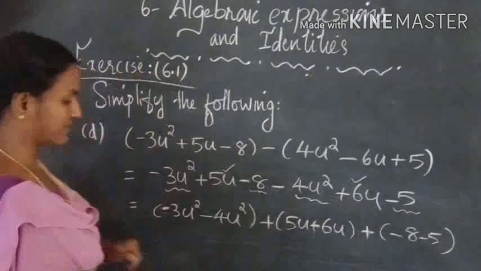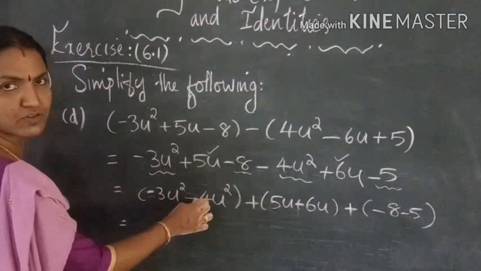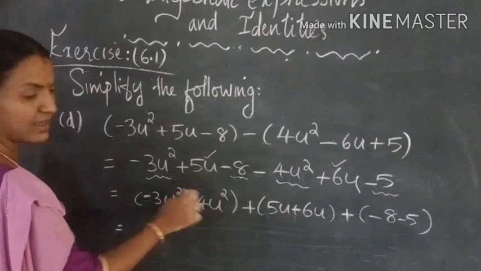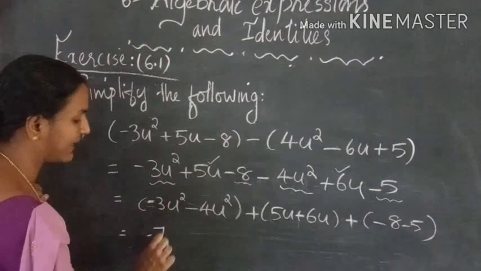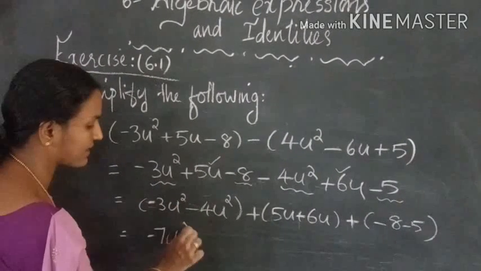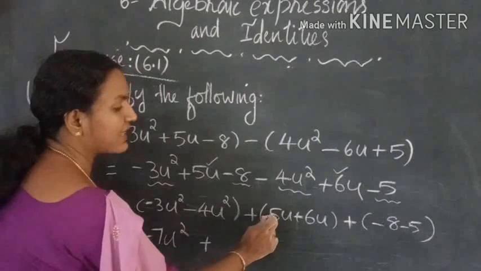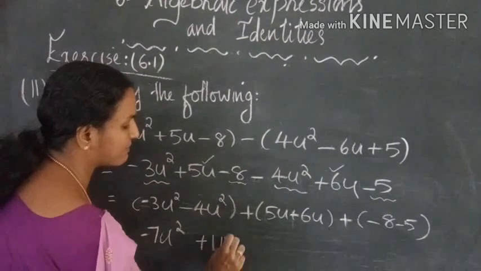Adding the like terms is equal to minus 3u square minus 4u square, minus 3 minus 4. How to add two negative numbers? Minus 7u square, plus 5u plus 6u. Positive numbers directly add, plus 11u.